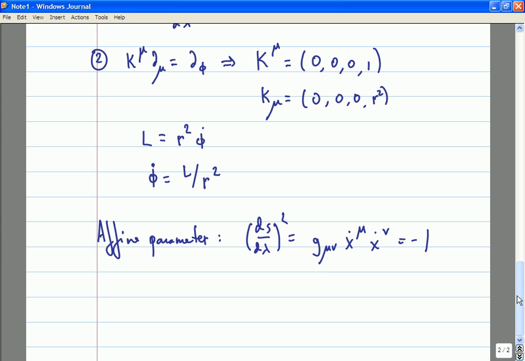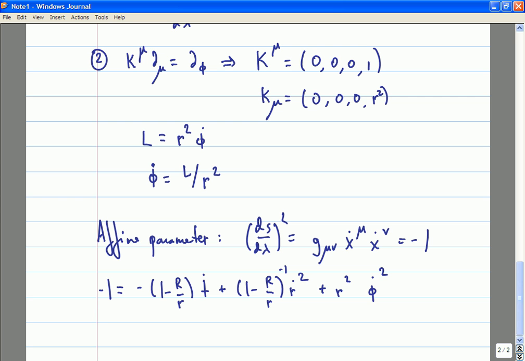That says that minus 1 is equal to minus (1 minus R over r) t dot squared, plus (1 minus R over r) inverse times r dot squared, plus r squared times theta dot squared, which is equal to 0 because we're in the plane where theta is equal to 0, times cosine squared theta, phi dot squared, which is just phi dot squared, since theta is equal to 0.